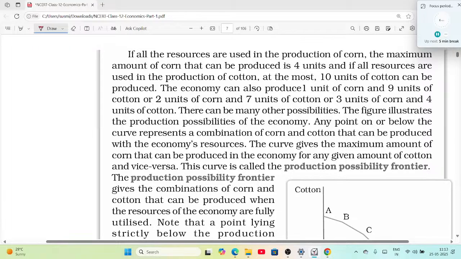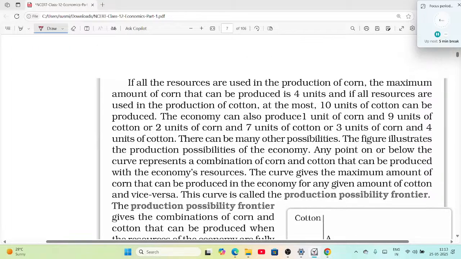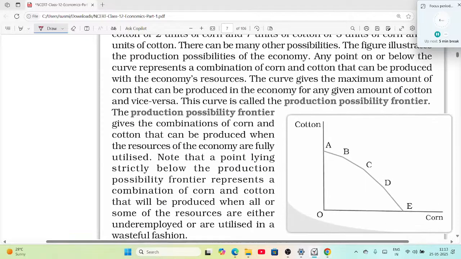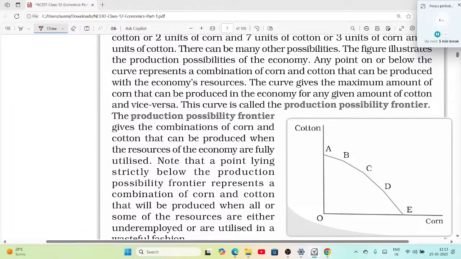All the resources are used in the production of corn. This curve is called the production possibility frontier.